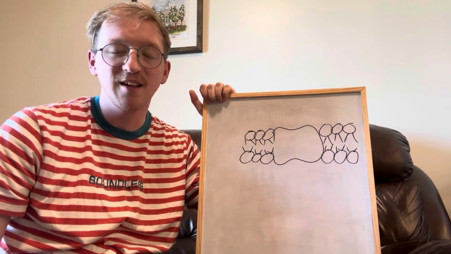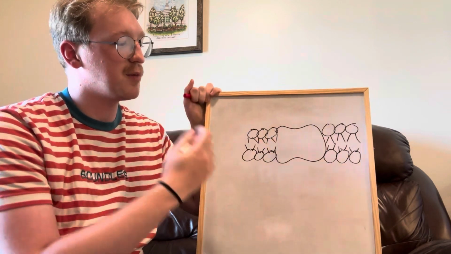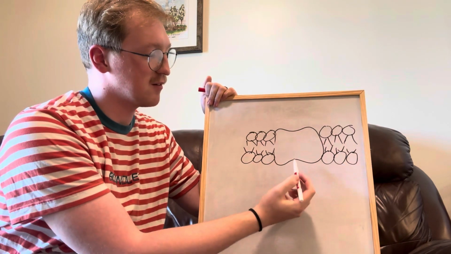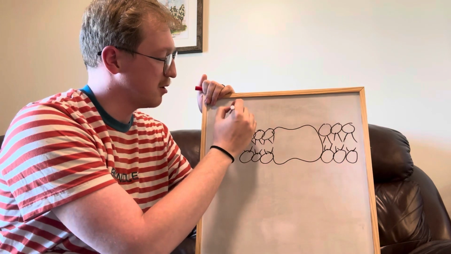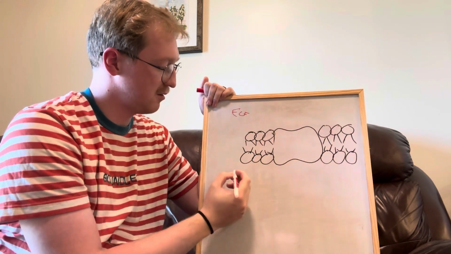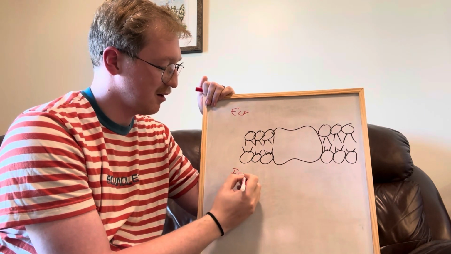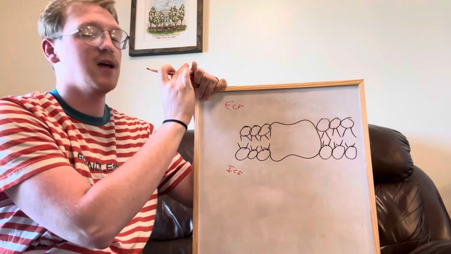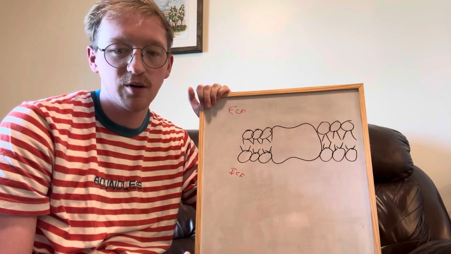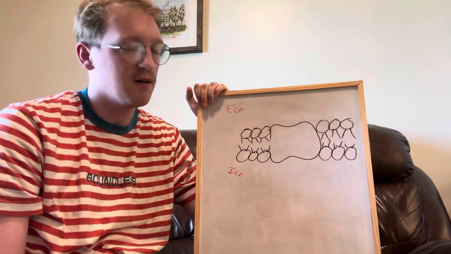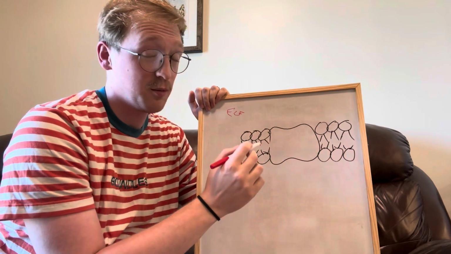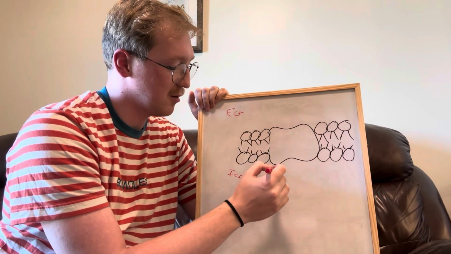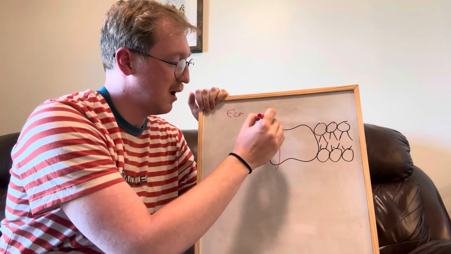sodium-potassium ATPase. So I have the lipid bilayer drawn here with a primary active transport sodium-potassium pump here. So we'll call this the ECF and the ICF. So in primary active transport, you have three sodiums that will go from inside the cell out.